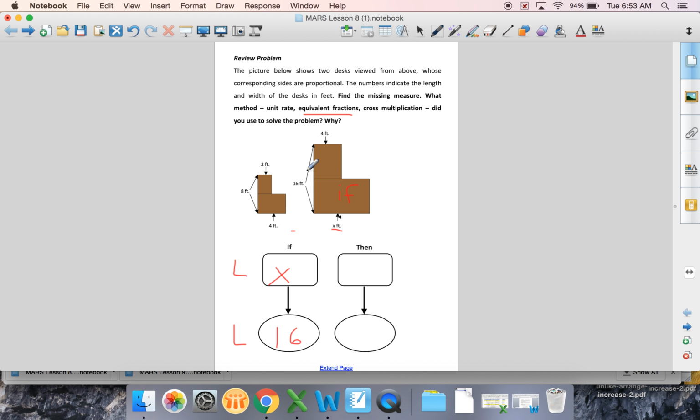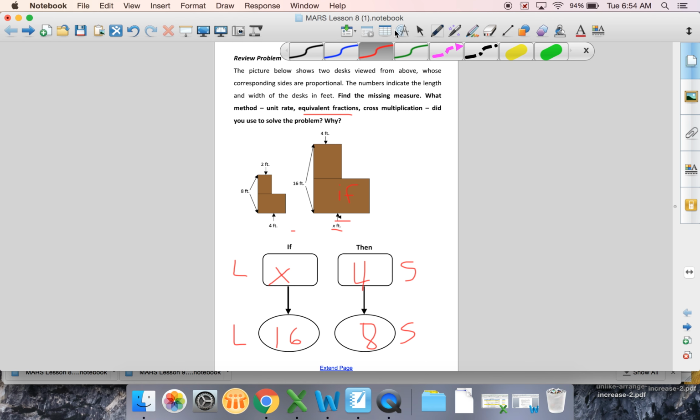So I'm looking from this side to this side, and this side is proportional to this side. So now we match up our sides. If I'm using this side first for my small one, I need to also compare that side first. So look at this side to this side. Well, that's going to be 4 feet. Then looking from this side, 16, comparing it to this side, that's going to be 8.